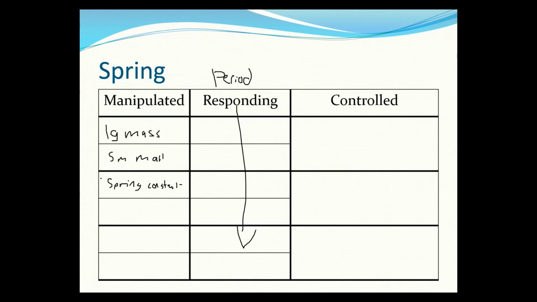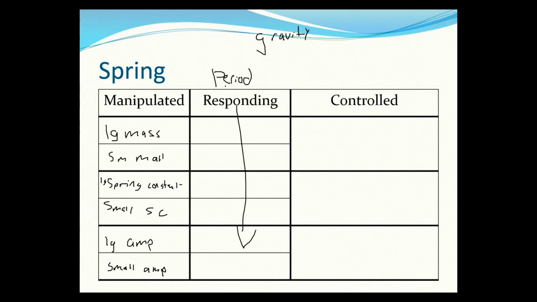So we can have a large spring constant. We can have a small spring constant, right? And then we can also have a large amplitude, and we can have a small amplitude. Okay, and then because I normally do this in real life, we can't change gravity, but something we can manipulate is gravity as well, right? We can have a large gravity, small gravity.